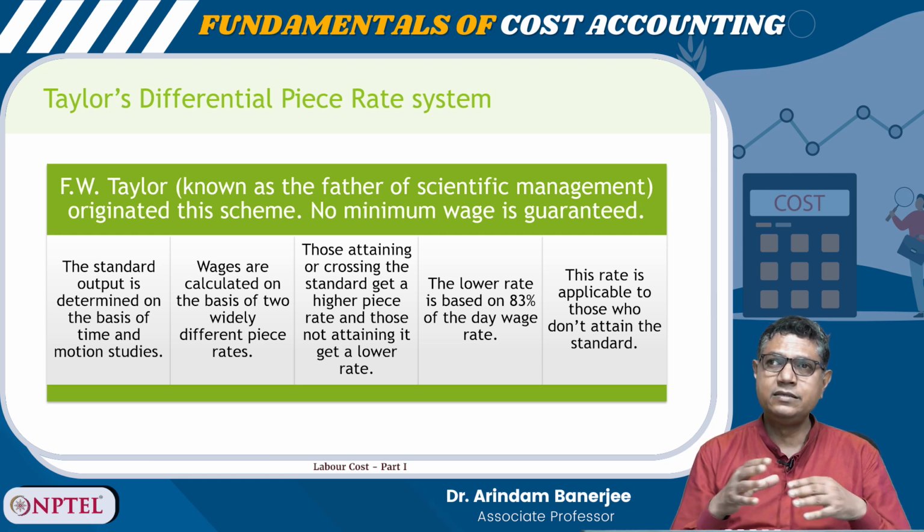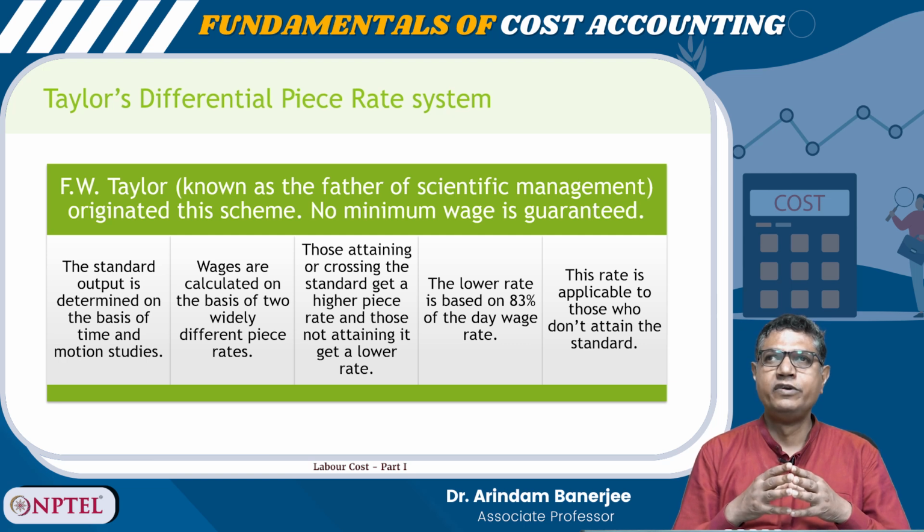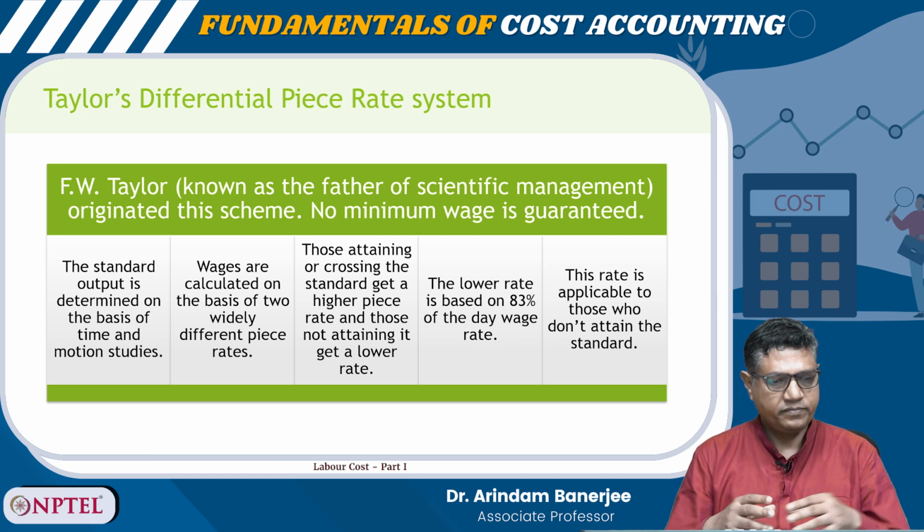So, to address these issues, several experts in the field developed other systems for calculating remuneration and incentive. The first one which we will discuss is Taylor's differential piece rate system.